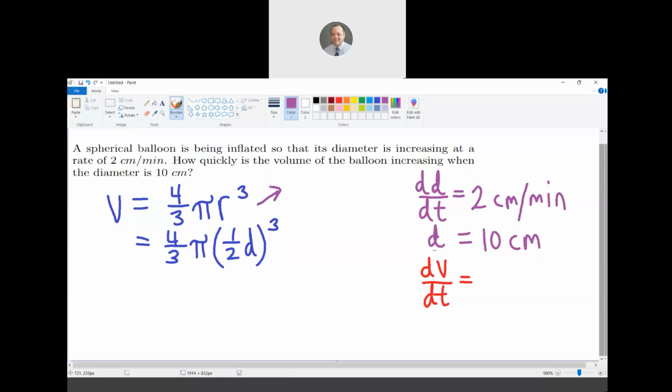So that will give us 4/3 times pi times 1/2 cubed, which is 1/8, d cubed. And we can cancel, 4 can go into 8 2 times. So the right-hand side simplifies to 1/6 times pi times d cubed.